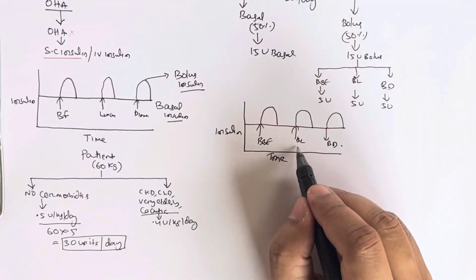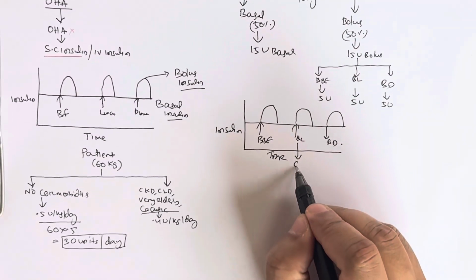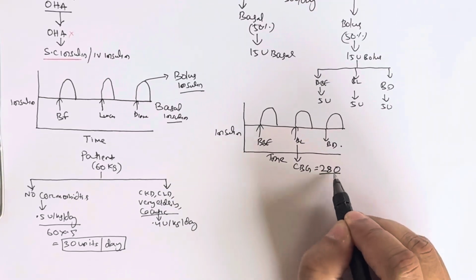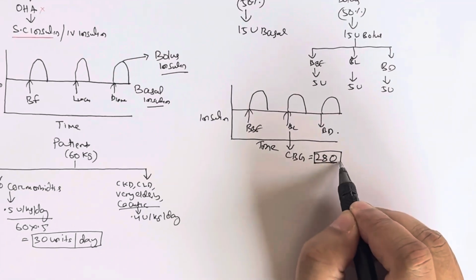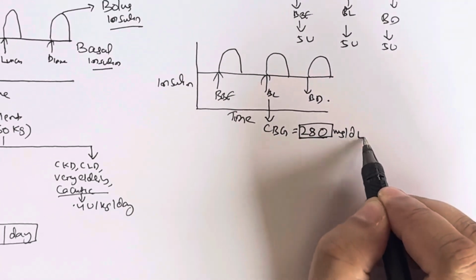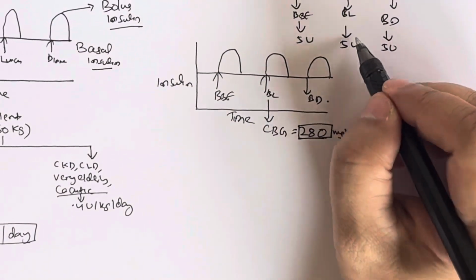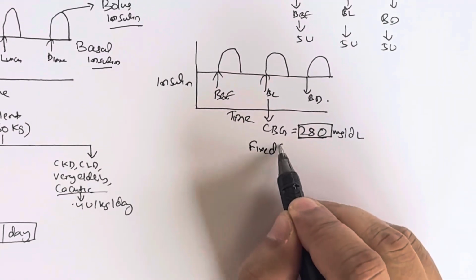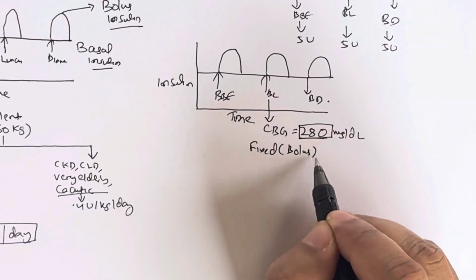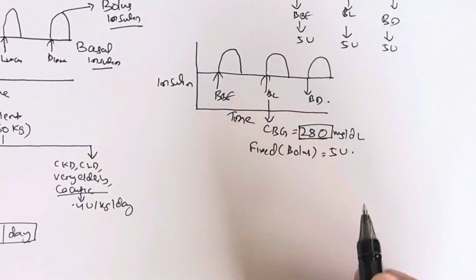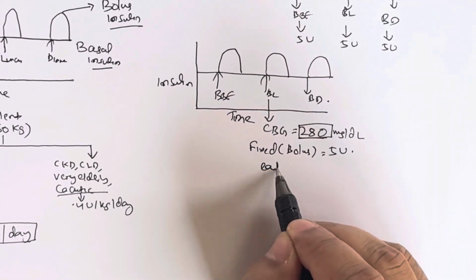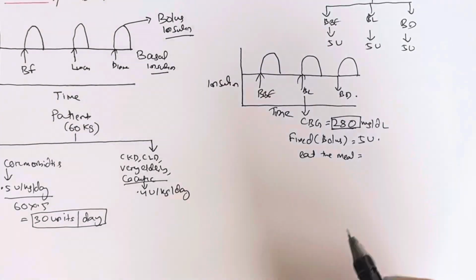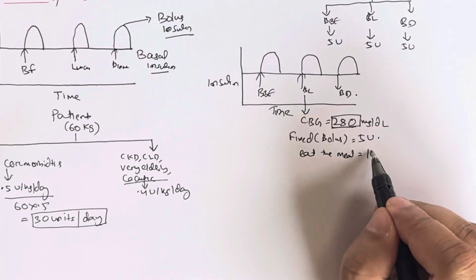So let's say before lunch we check the blood sugar. The CBG came out to be 280 milligram per dL. And at lunch we are supposed to give our fixed bolus insulin, how much? 5 units. Then we eat the meal, and the meal, suppose, increases our blood sugar by let's say 100 milligram per dL.